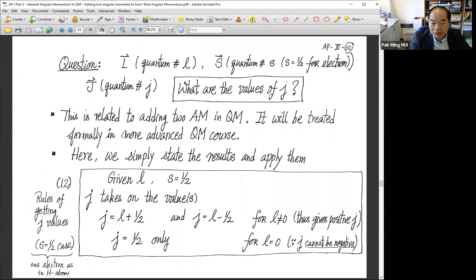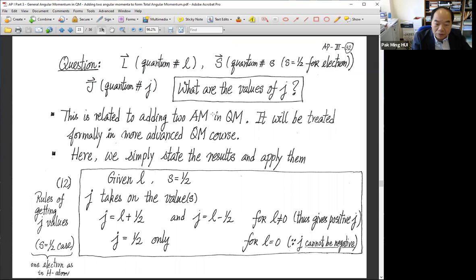The question is, we add these 2 vectors, we get a new angular momentum. From our previous result, we know that there is a quantum number called J that we ought to know. The question is, what are the possible values of J?